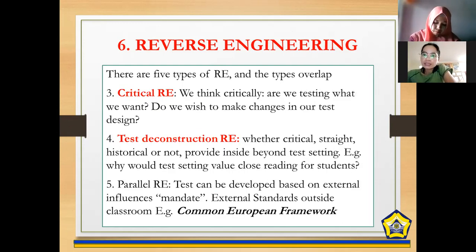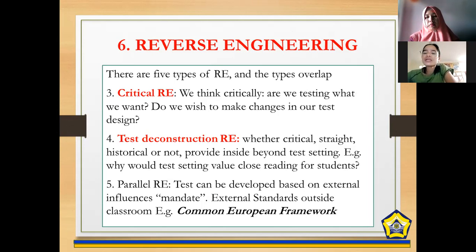Number 3 is critical reverse engineering. Here we think critically: are we testing what we want, or do we wish to make changes in our test design? Number 4, test deconstruction.